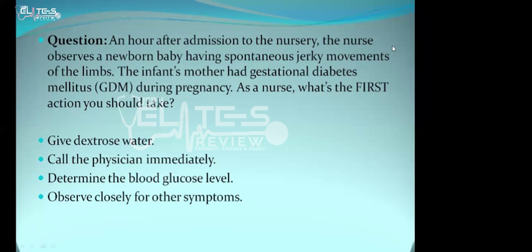So the baby came out and is no longer subjected to the high amount of glucose, but is still producing that high amount of insulin. That means the insulin the baby is producing is going to convert the remaining glucose in the child's body. So that child will obviously have hypoglycemia. That is why the nurse should determine the blood glucose of the baby. That's the first action the nurse should do.